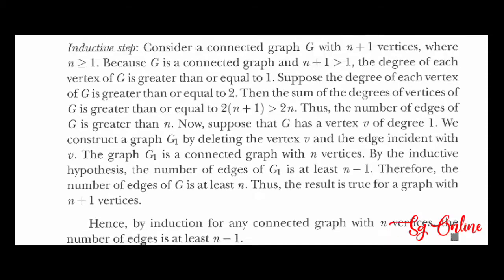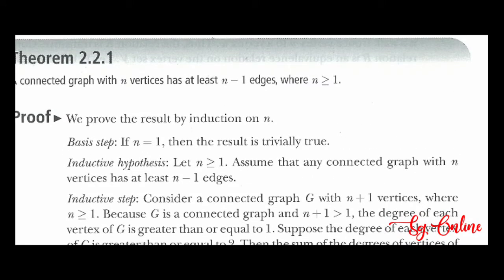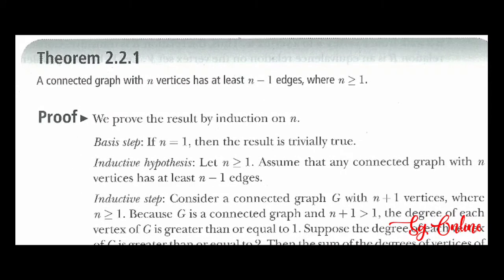So if you just revise the proof of the theorem, we want to prove that any connected graph with n vertices has at least n minus 1 edges. And we start with the induction on the number of vertices n. The proof starts with the basic step for n equal to 1, and we see that it is a single vertex graph.